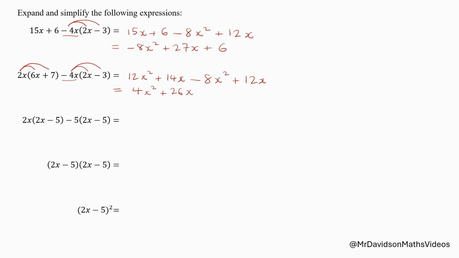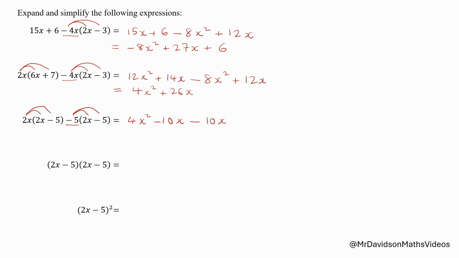Again, with the third example, that bracket on the left-hand side is not touching the one on the right-hand side. The only thing multiplying it is minus 5. So 2x times 2x is 4x squared. 2x times minus 5 is minus 10x. Then, on the right-hand side, minus 5 times 2x is minus 10x.